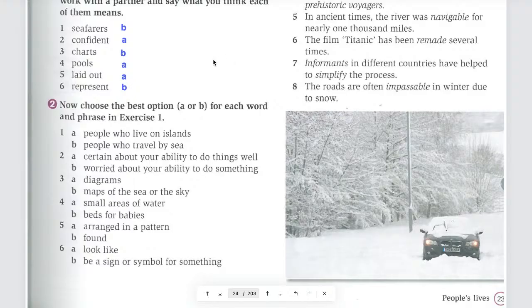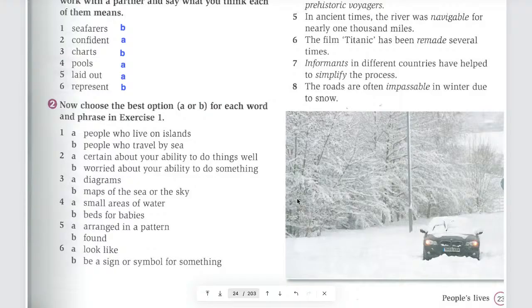You don't know symbol? Like you know the flag. The flag is kind of the symbol of a country. So represent means be a sign or symbol for something. For example, this one is not a real star, but I say this one represents a star. So it's like a symbol or a sign for a star. Got it?